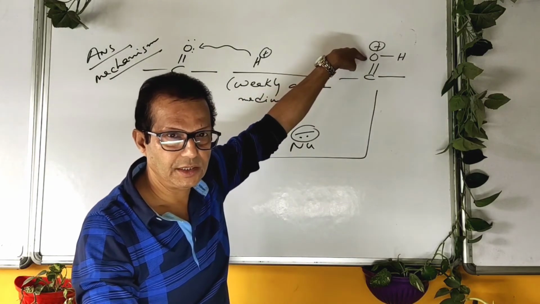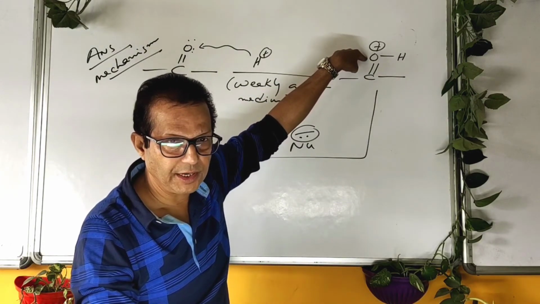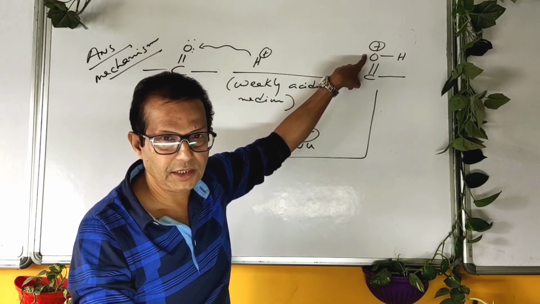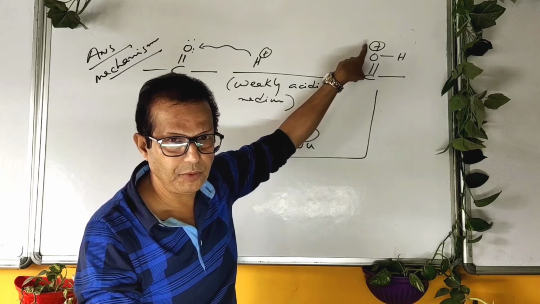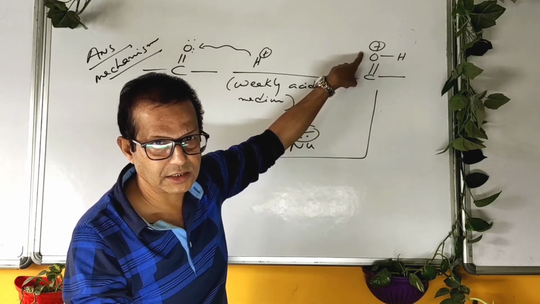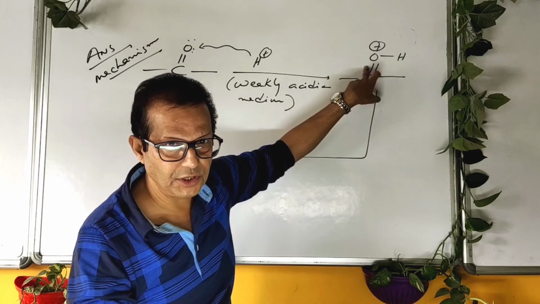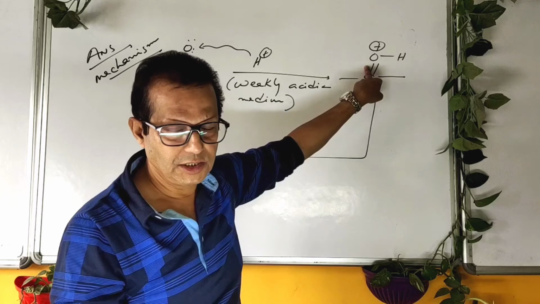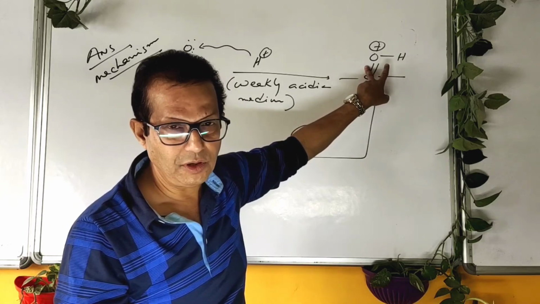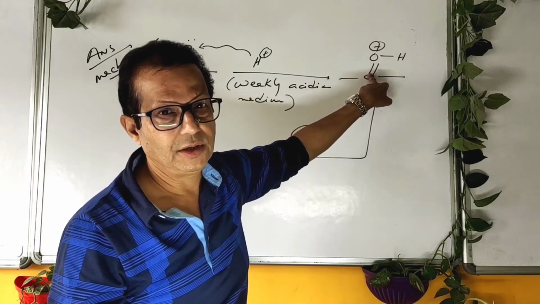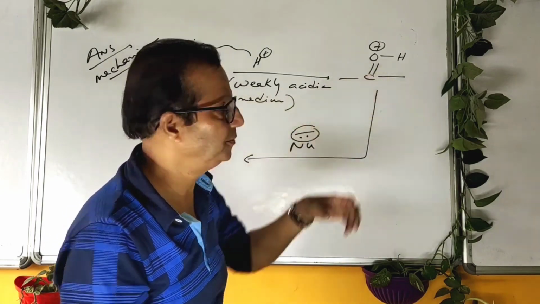as oxygen is more electronegative than carbon, oxygen cannot hold a positive charge. That's why oxygen attracts one pi bond. You know that a double bond contains one sigma and one pi. Sigma bond is stable, pi bond is weak. So the pi bond starts to break.